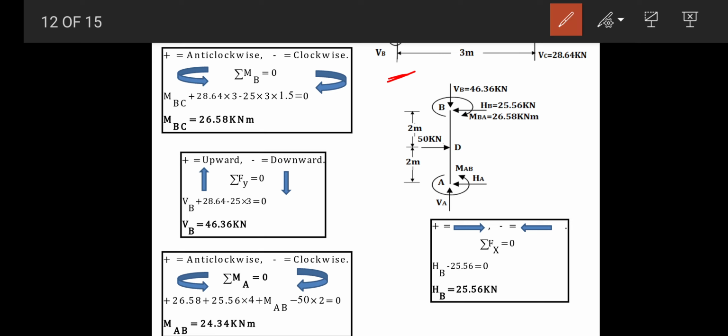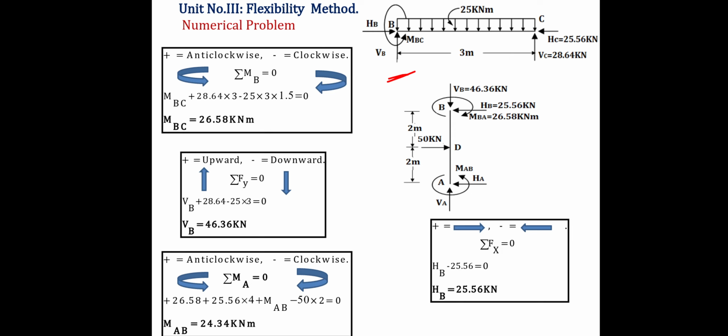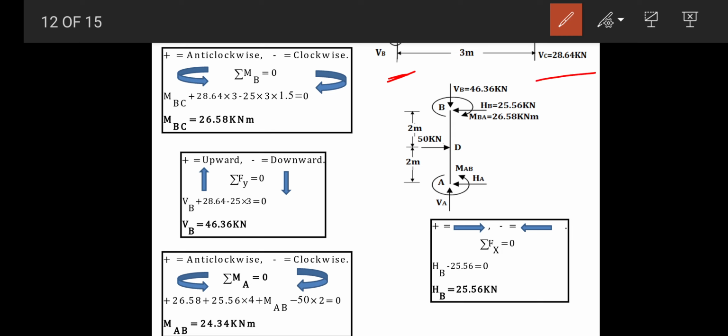Moment about B, the first one is MBC, which is acting anti-clockwise as per our assumption. So positive MBC plus the moment of this 28.64 about this B, it will be in an anti-clockwise sense.